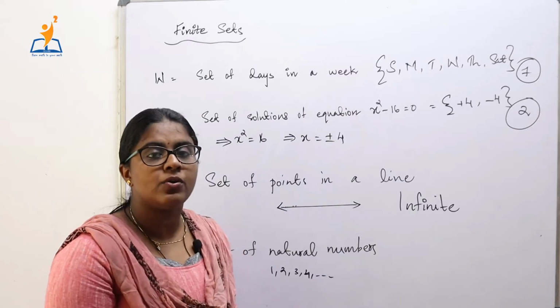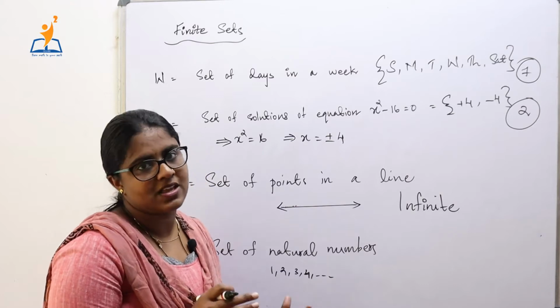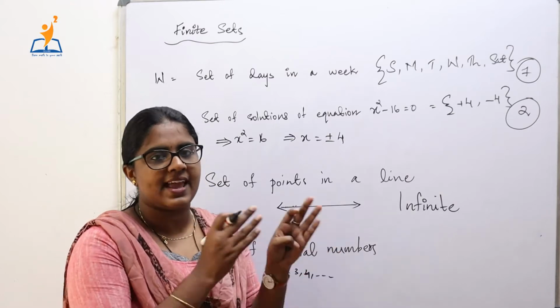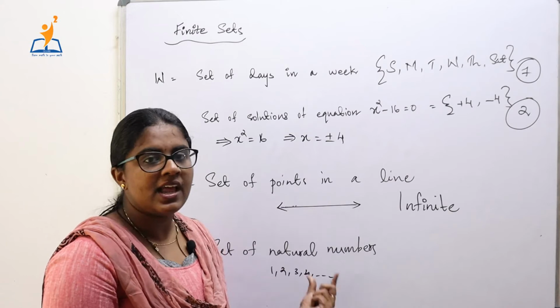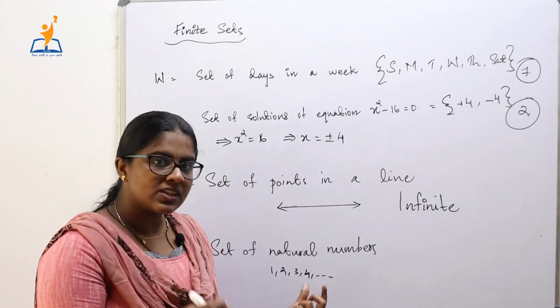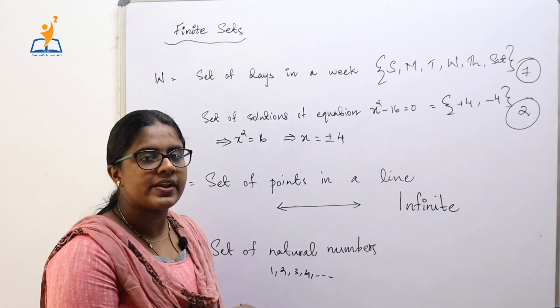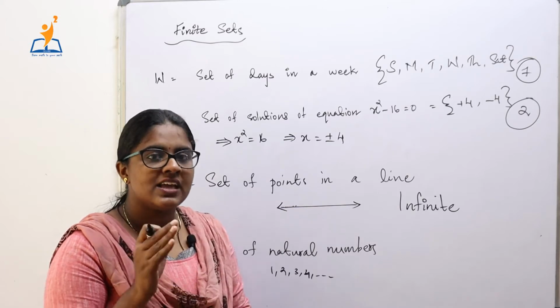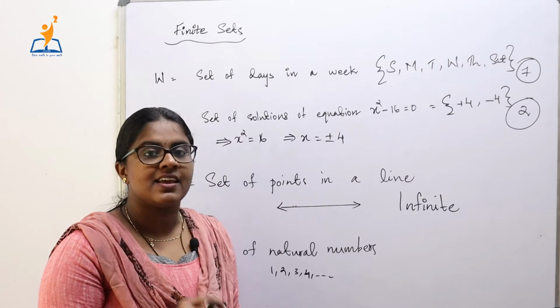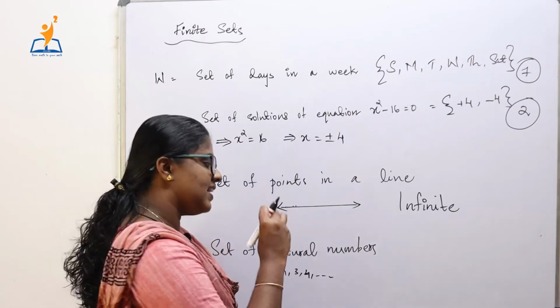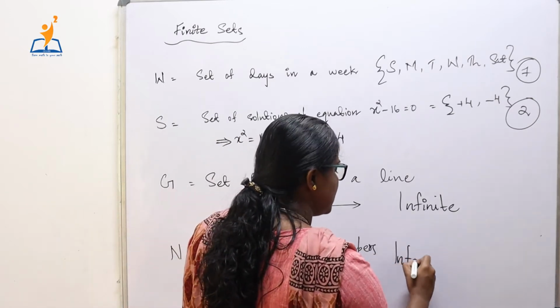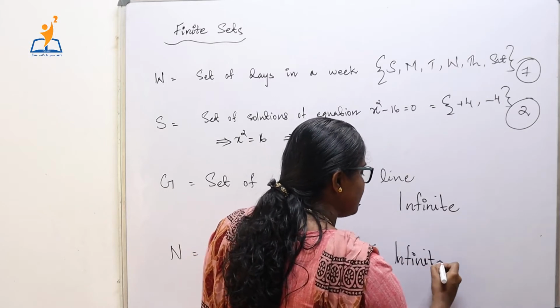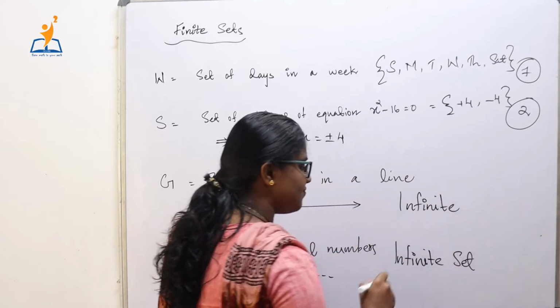We cannot count the number of elements of the set of natural numbers. So, the cardinality of this particular set is not a definite number, which means that it is not a finite set. If a set is not finite, it is called an infinite set. So this is also an example of an infinite set.